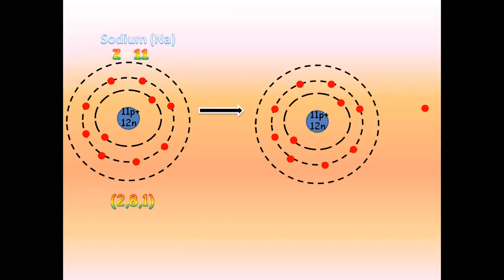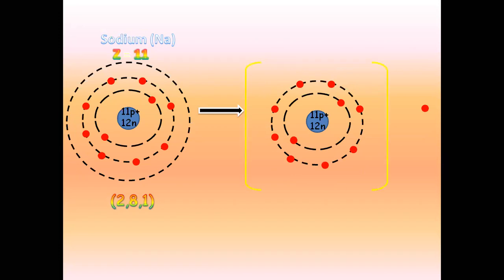Now we all know that sodium is not stable. It becomes stable by donating one electron, right? Because it is donating one electron, the last shell having one electron will disappear. This one electron is removed, and sodium becomes 2, 8 and it becomes Na plus.